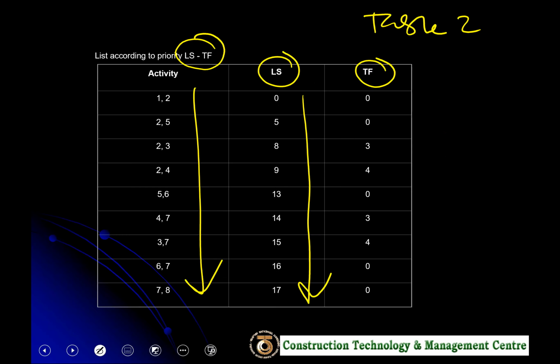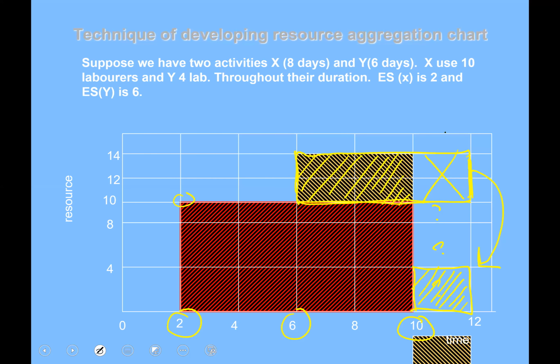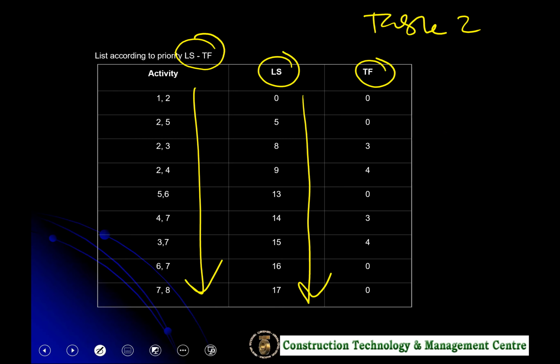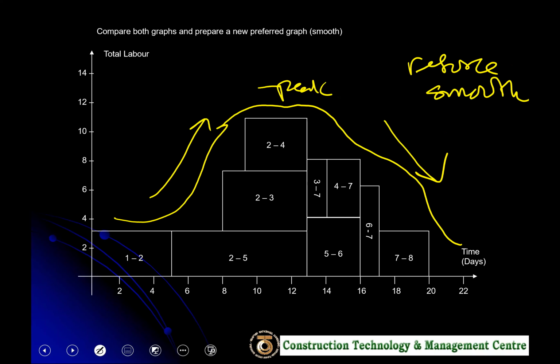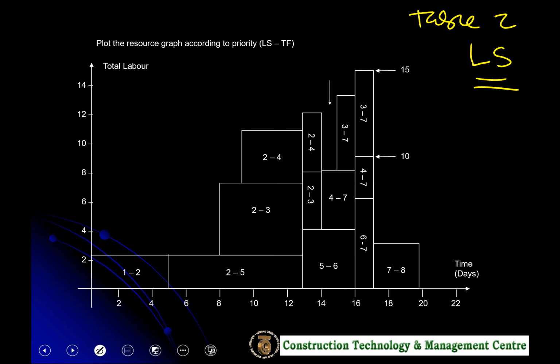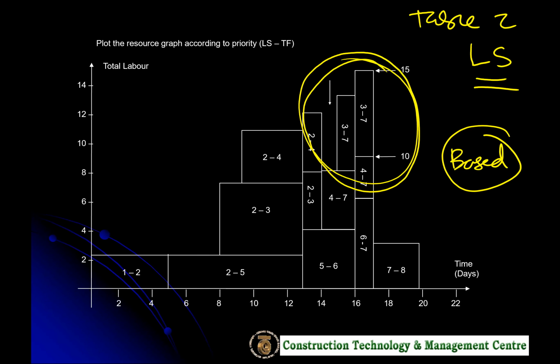Okay, based on the first graph, it looks like this, and the second one, it looks like this, and the final one, it looks like this. You notice that we take this one as a base graph, but then there is a not very nice looking peak here.